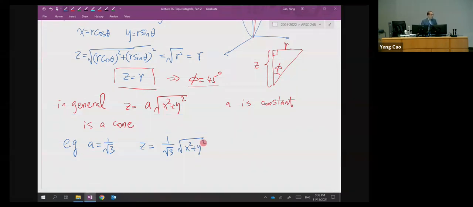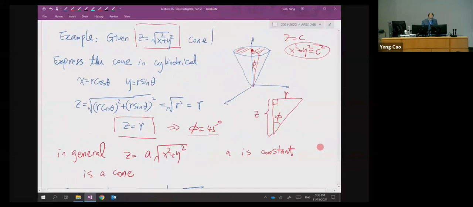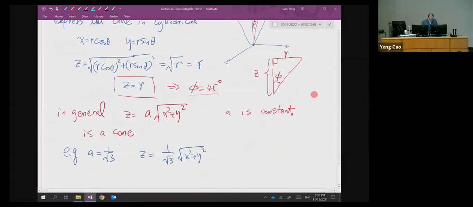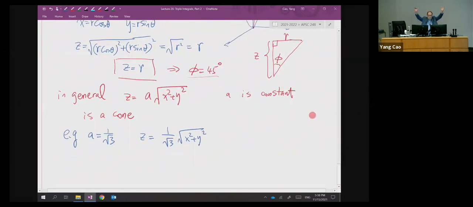For starters, you should be absolutely certain this is a cone. Obviously, the angle will not be 45 degrees anymore. It will be some other angle. Let's find out: is it going to be a wider cone or a narrower cone?